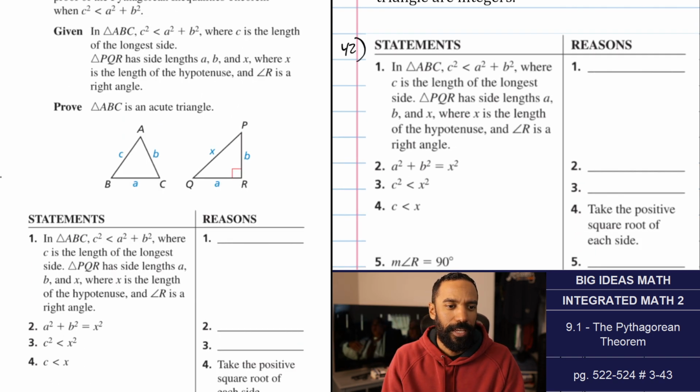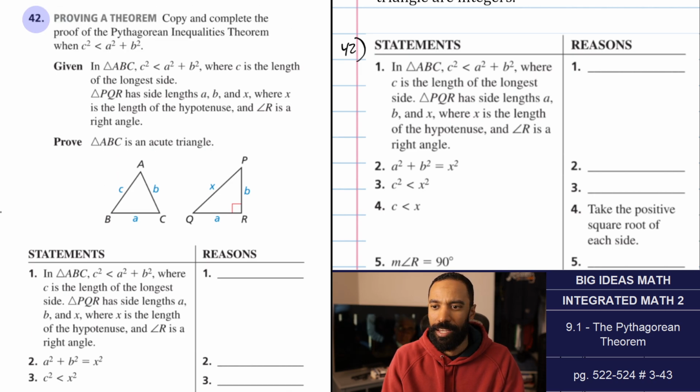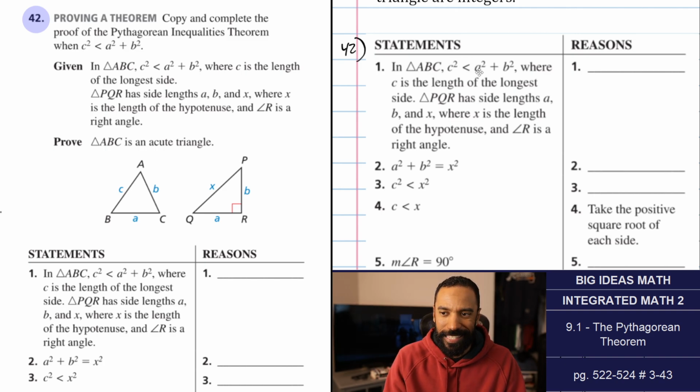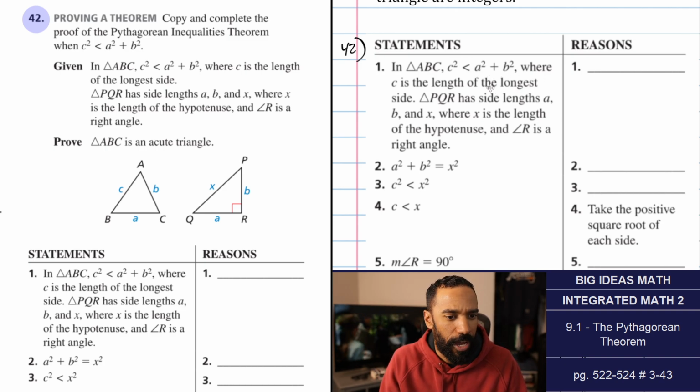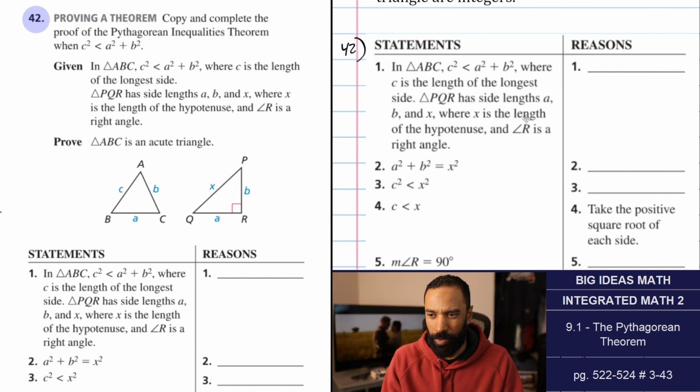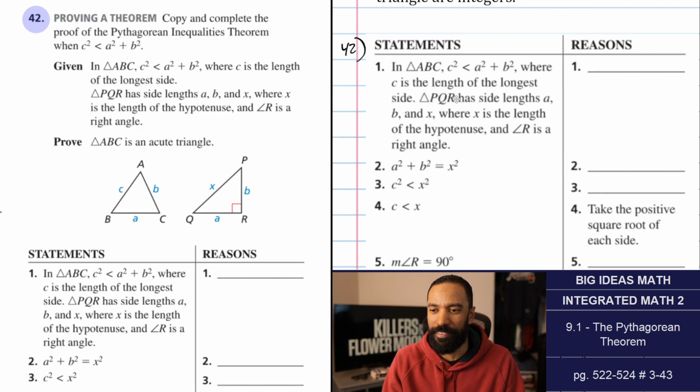Number one, in triangle ABC, c squared is less than a squared plus b squared. Wait, what are we proving? Oh, it's an acute triangle, where c is the length of the longest side. PQR has side lengths a, b, and x, where x is the length of the hypotenuse and angle R is a right angle. See, this is what I should have done with the other one. I should have given them other names for the vertices.